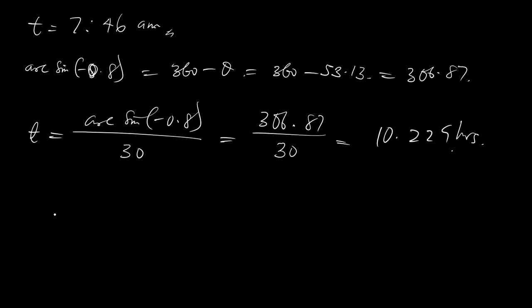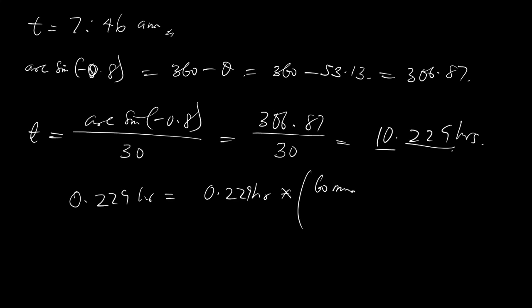So now we have 10.229 hours. We need to convert this decimal hour to minutes. So 0.229 hours is equivalent to 0.229 hours times 60 minutes divided by 1 hour, because 60 minutes is equivalent to 1 hour, so the hours will cancel out.